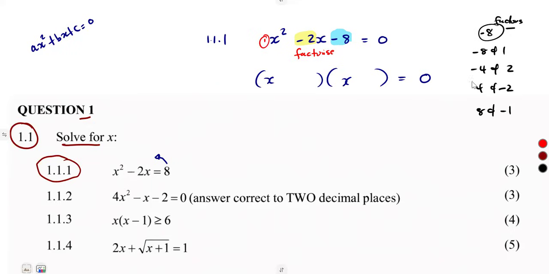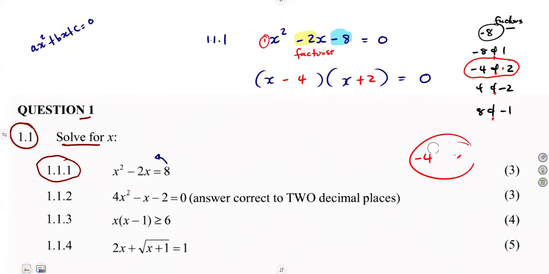But which of these, when we add, must give us negative 2? That is negative 4 and 2. Negative 4 plus 2 gives us a negative 2. So these are the ones that you're going to put in the brackets: x minus 4 and x plus 2.